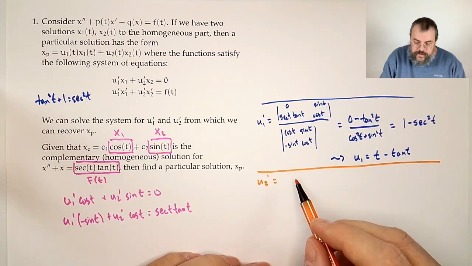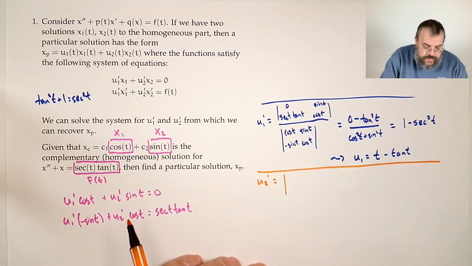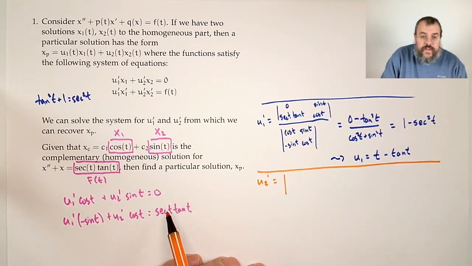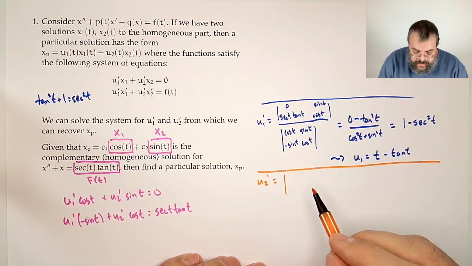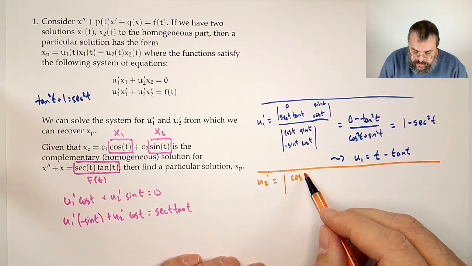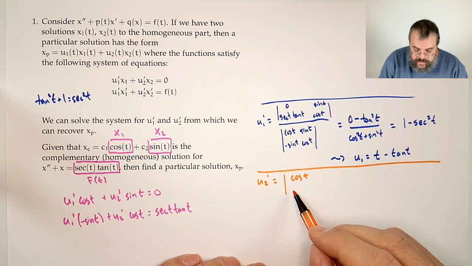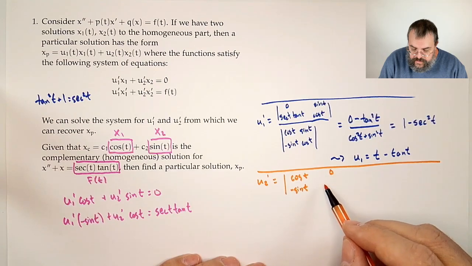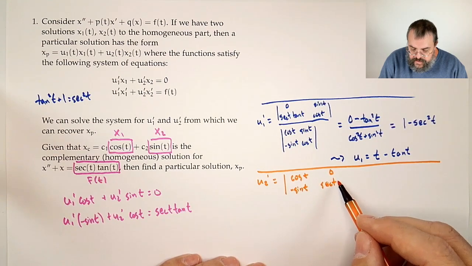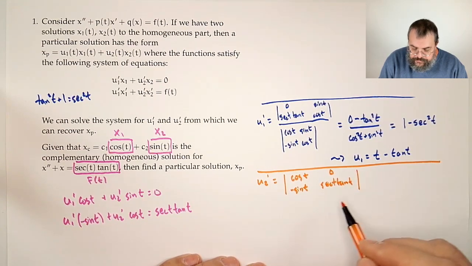Well, similar setup. The only thing that happens is now we're going to use the 0, secant t tangent t, and replace the part that corresponds to u2 prime. So we're going to get cosine t and minus sine t, and then 0 and secant t tangent t.